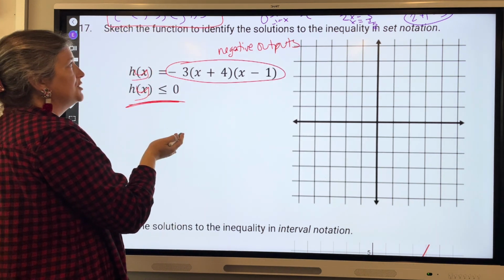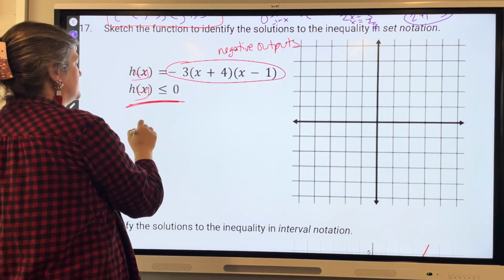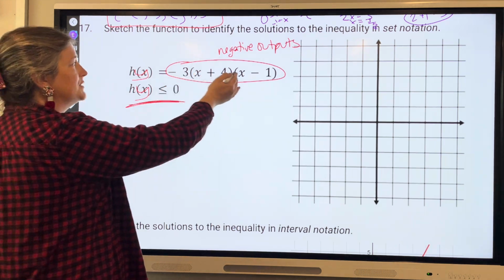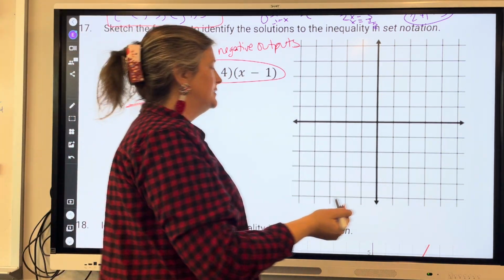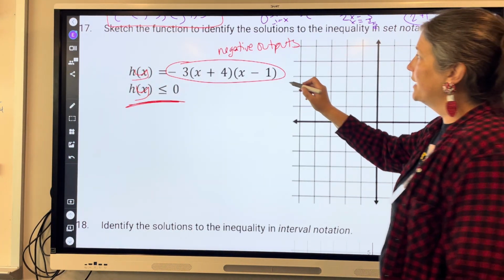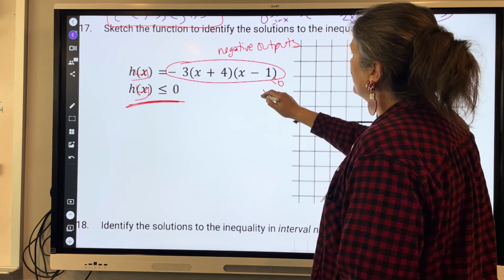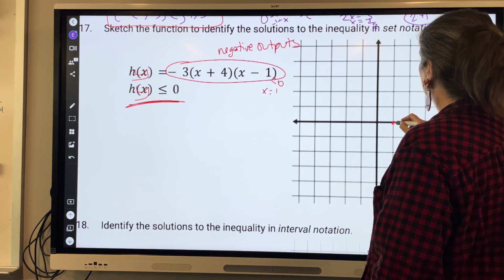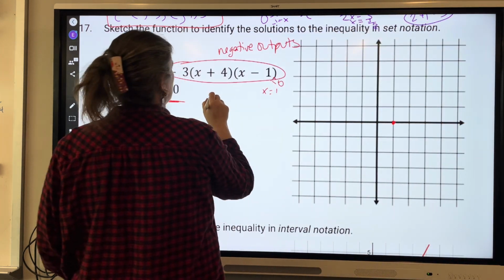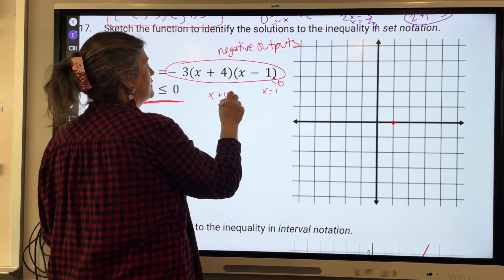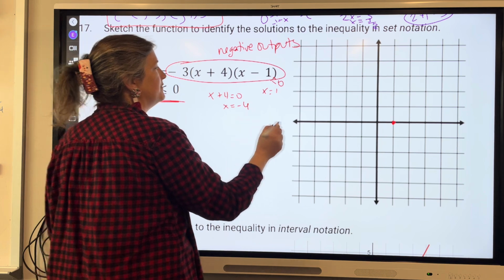So my solutions will be the x's that make it negative. Now this is a quadratic in zeros form, so I can go ahead and find the zeros: where x minus 1 equals 0, x equals 1, and where x plus 4 equals 0, x equals negative 4.